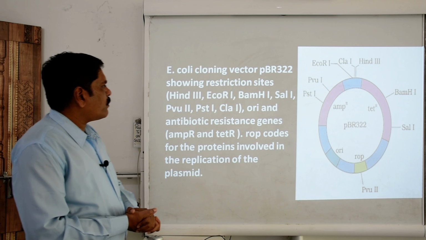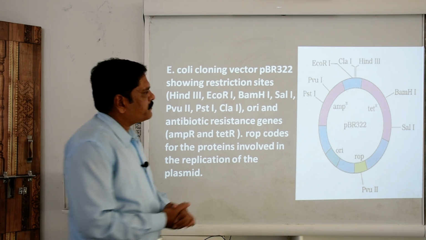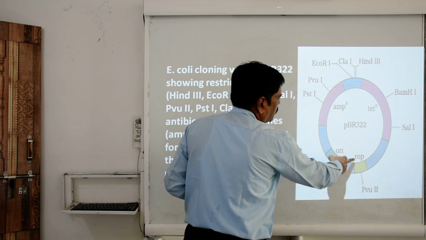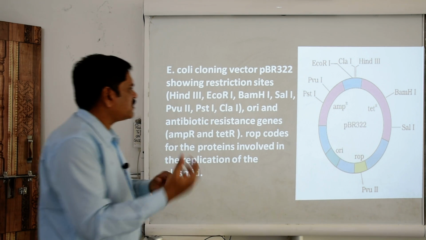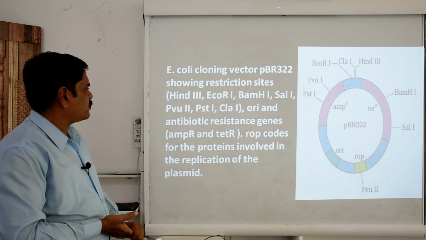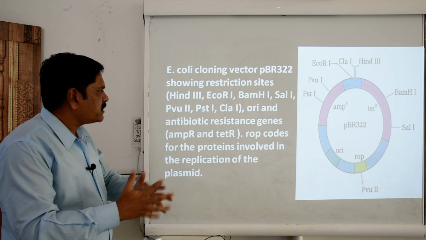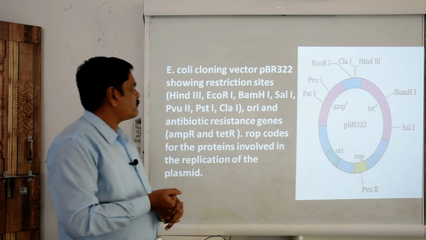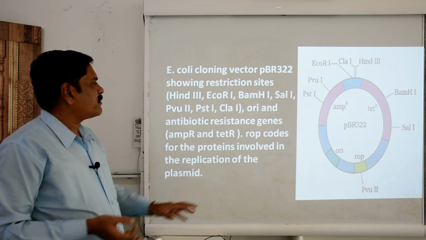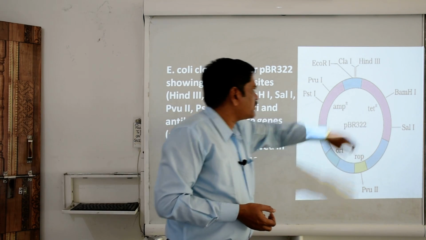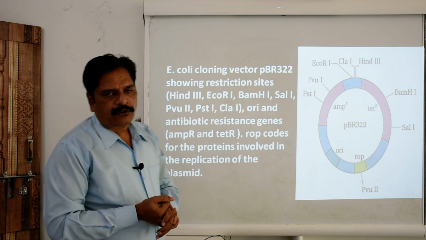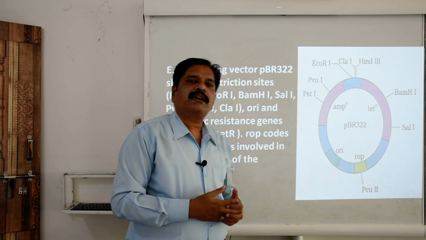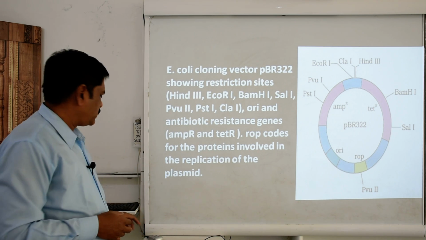On the other hand, if you observe the origin, then rop, then ampicillin resistance, and this tetracycline resistance, these are the elements involved in the replication of the plasmids. So remember, these are the antibiotic resistance sites, and these are the restriction endonuclease sites, which are used to identify and cut the segments.